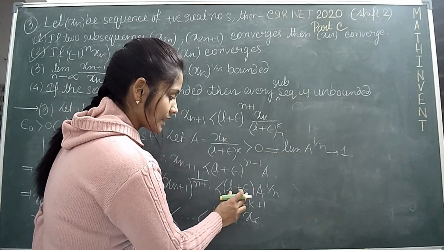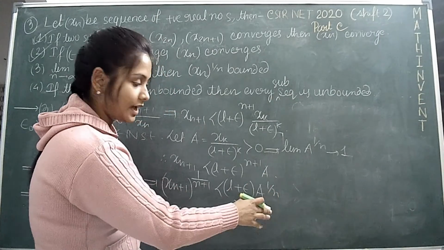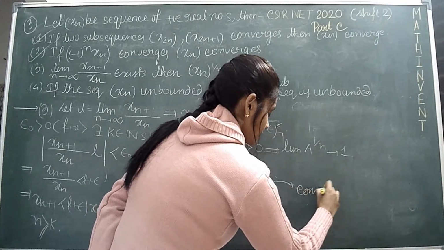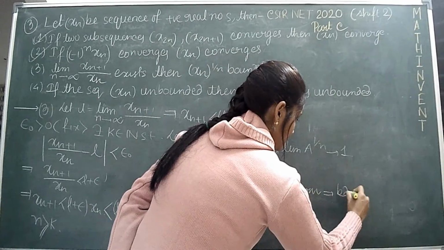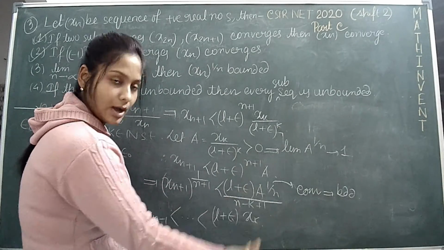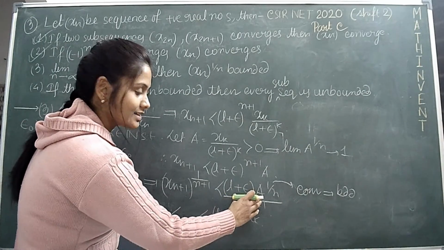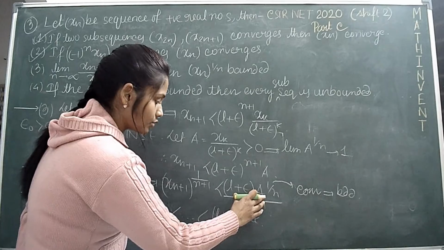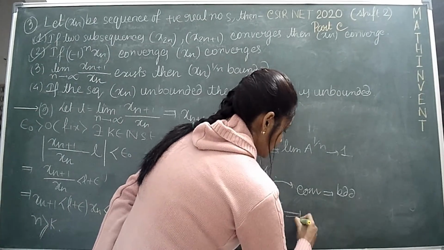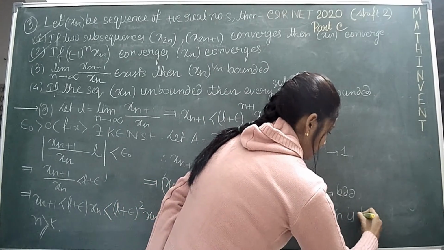So (L plus epsilon) into A power 1 by n converges, which implies it is bounded. If it is bounded, the term less than it should also be bounded. So what we have proved here is that xn power 1 by n is bounded.